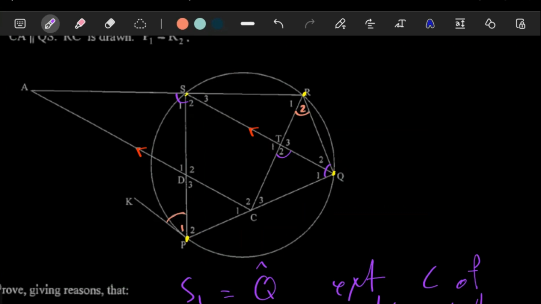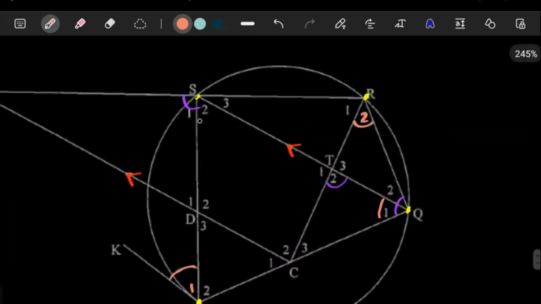But let's see if we can find something else equal to S1. We have parallel lines here, so let's see what we can do. Let's see, this is equal to that, and it is equal to that. This angle here, we said it is equal to that part, and it is also equal to that part. So that's kind of interesting.